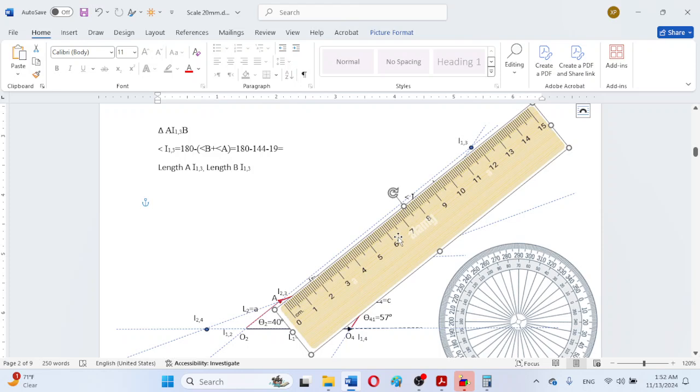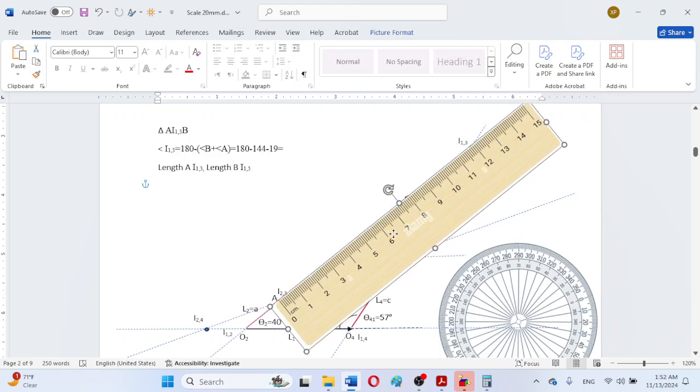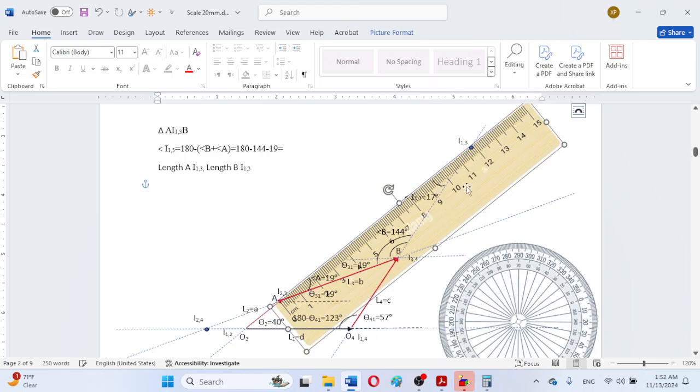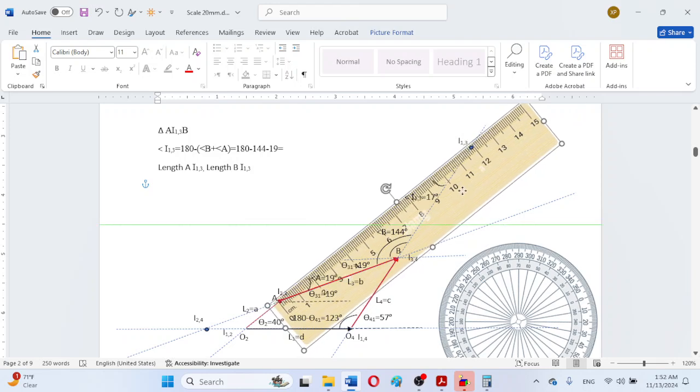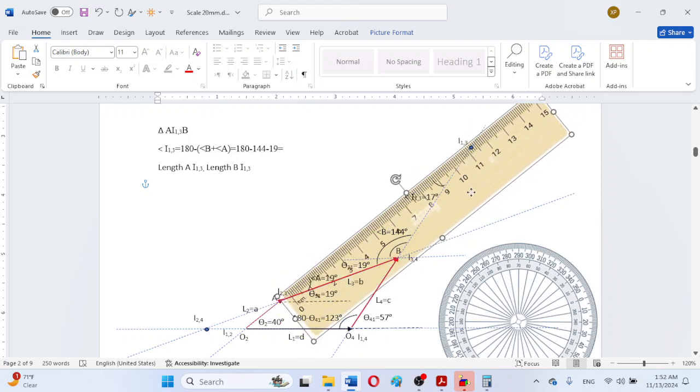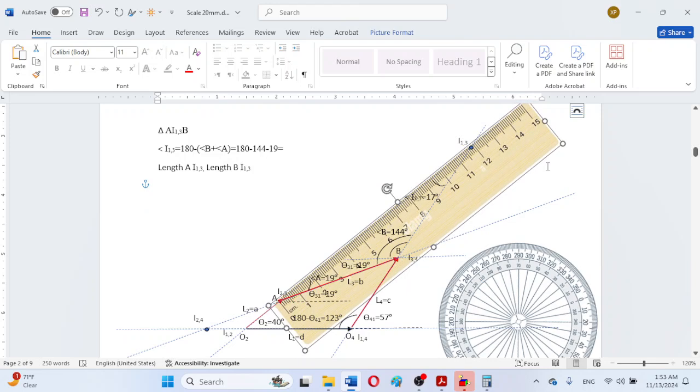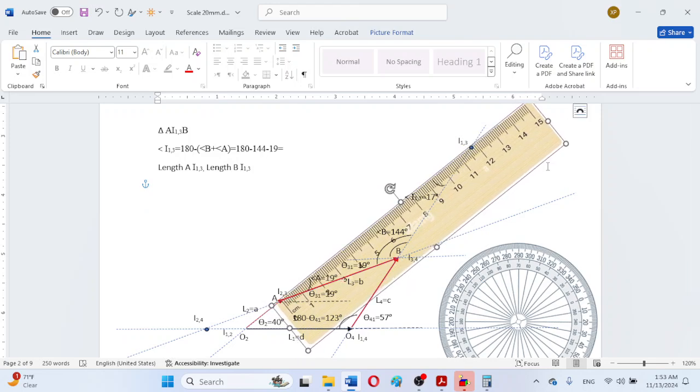Or we can better send it behind text so that the readings are correctly measured, error free. As much as possible we can use the up and down arrows very carefully for better placement here.